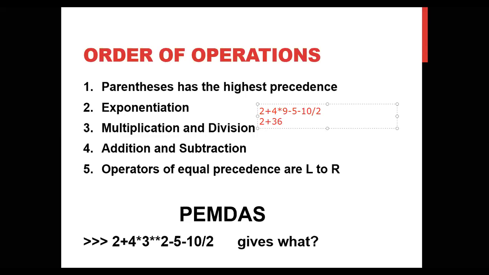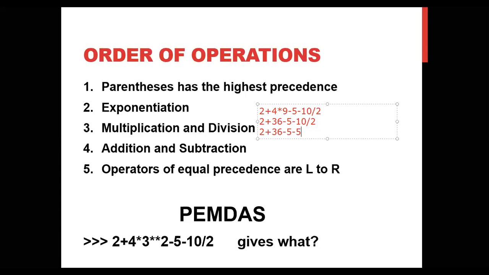Okay, 2 plus 36 minus 5 minus 10 divided by 2. Among this, plus, minus, divided by operators are there. Division has the highest precedence, so we make the division. So 10 divides 2 means we get the result as 5.